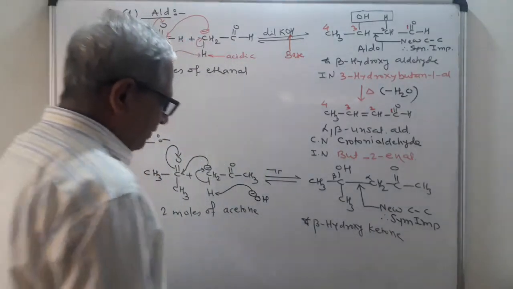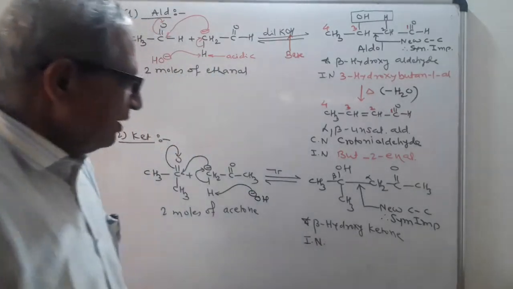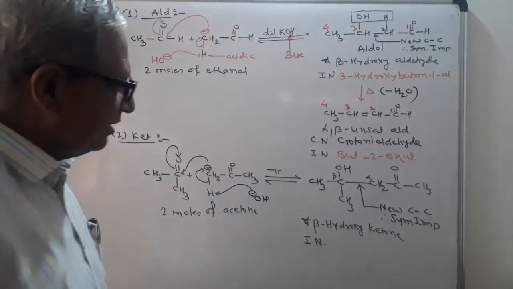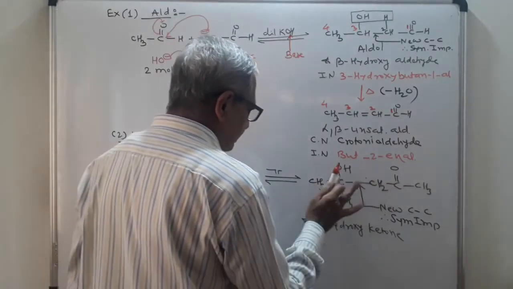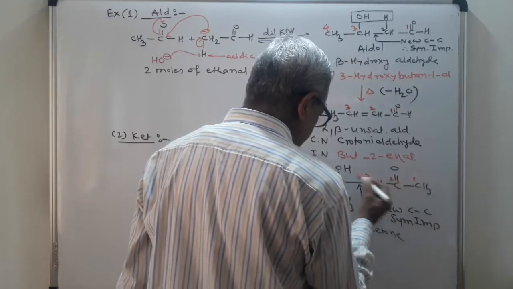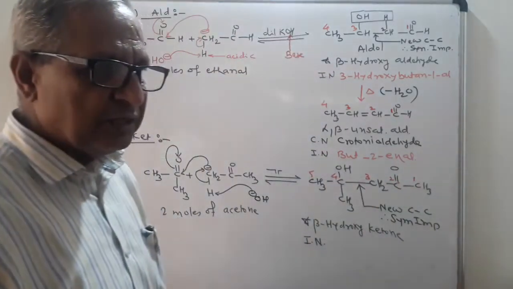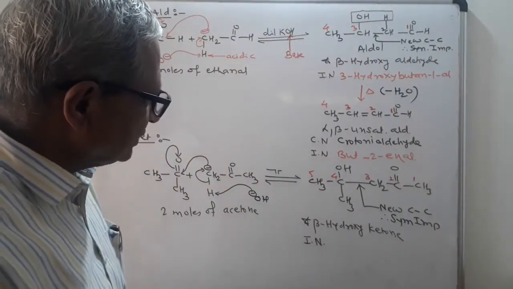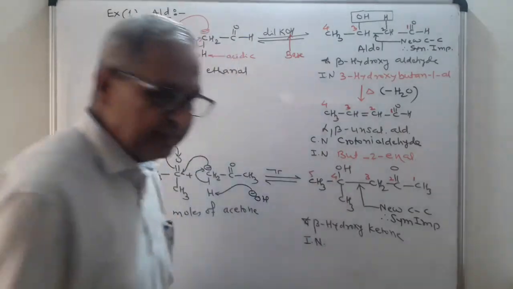Now give the IUPAC name of this beta hydroxy ketone. Numbering from left hand side or right hand side, ketones are more preferred than the alcohol, so therefore you will get the numbering like this: 1, 2, 3, 4, 5. It contains 5 carbon atoms in a straight chain. See, the substituents are present on the carbon number 4. One is hydroxy and second is methyl.